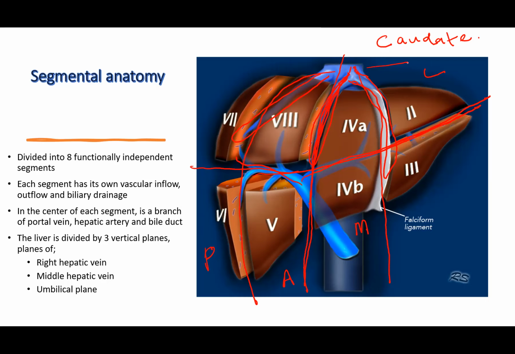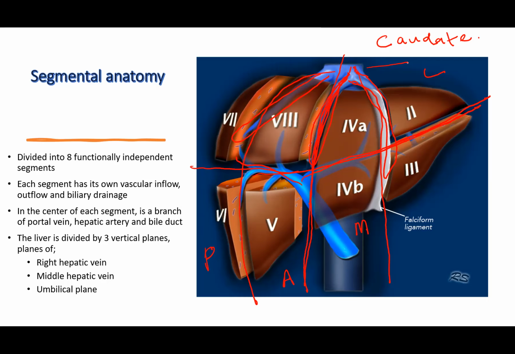Now, there's a peculiarity of the caudate lobe of the liver in that it drains directly into the inferior vena cava, while other segments drain into one of these tributaries: right, middle, and left.